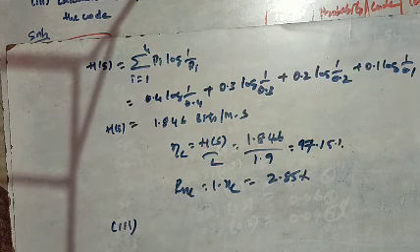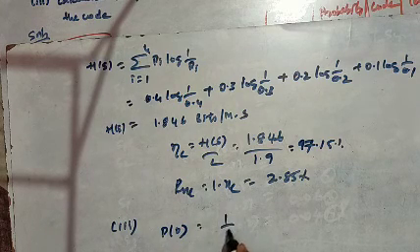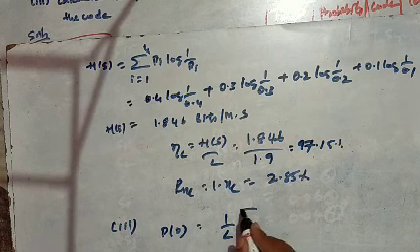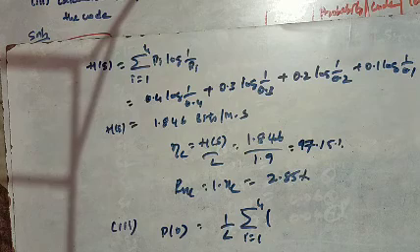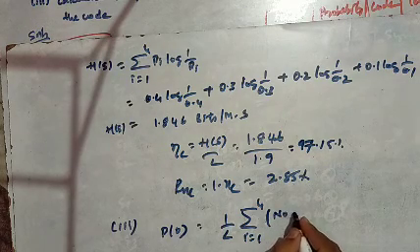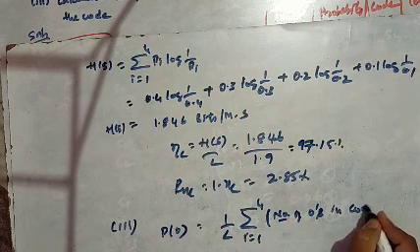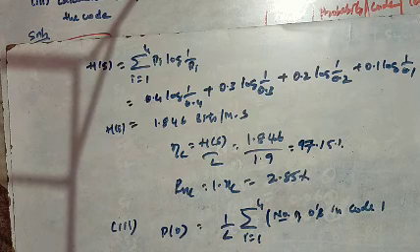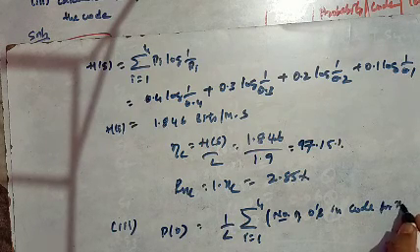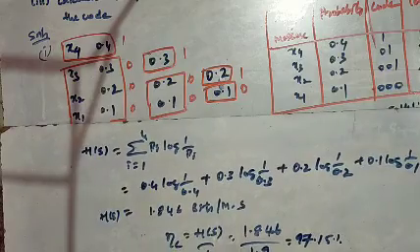Sub question 3. We have the formula to find the probability of 0: 1 by the average length L, times the summation, i equal to 1 to 4, of the number of zeros in the code for xi multiplied by their probabilities Pi.